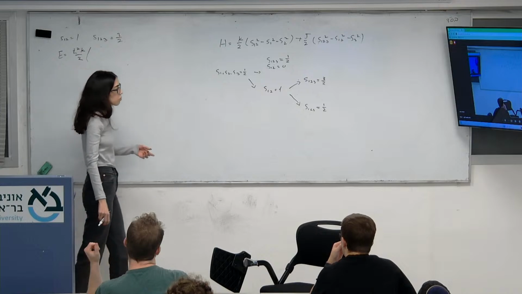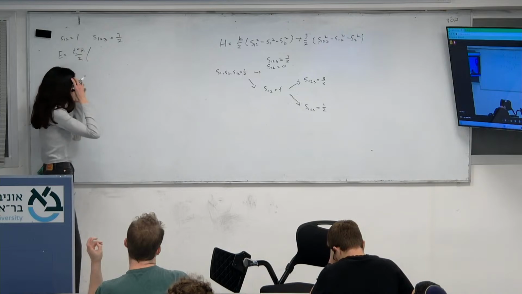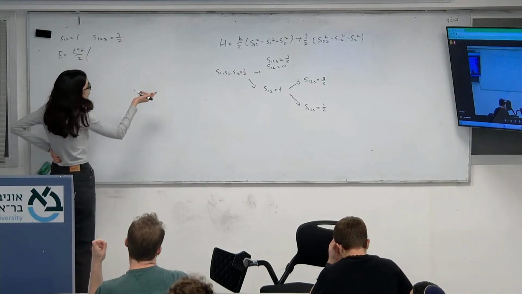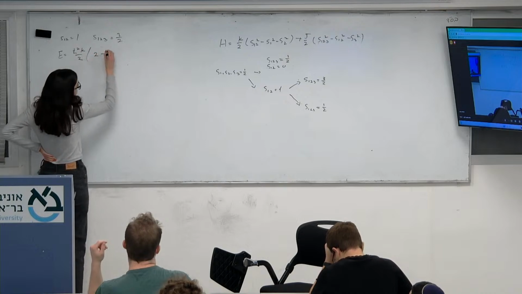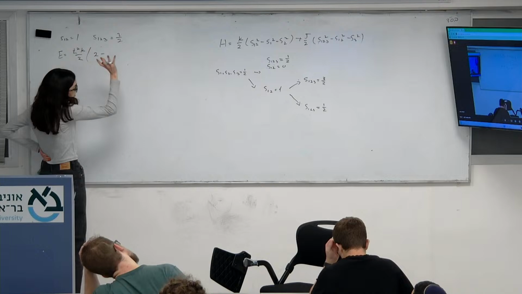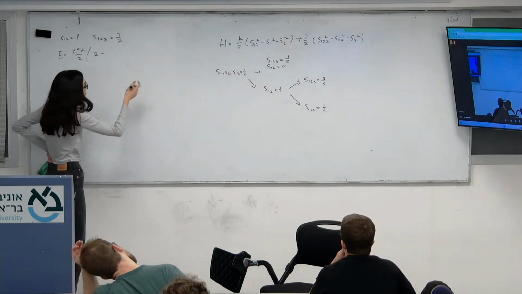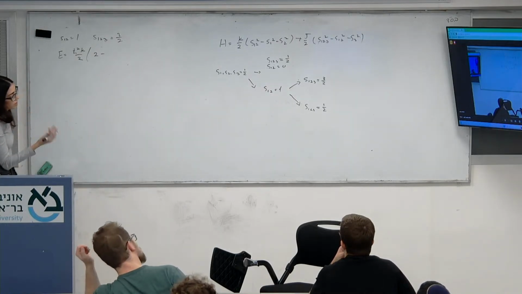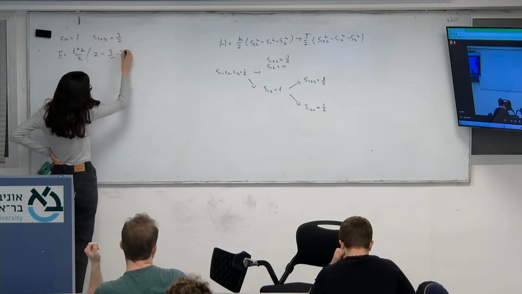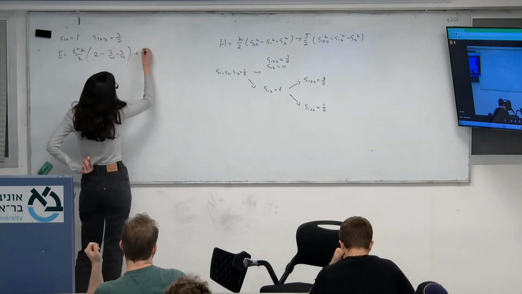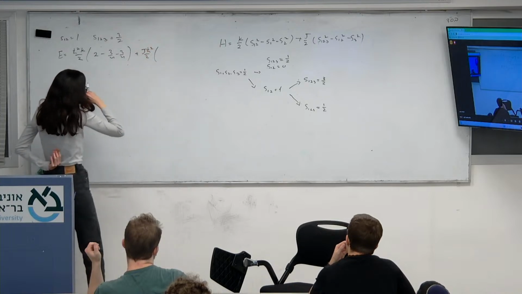You remember the eigenvalues are s multiplied by s plus 1. So for S12, I'm going to have 2, minus, for S1 square, half multiplied by 3 over 2, so overall 3 over 4, minus 3 over 4, plus J ħ square over 2.